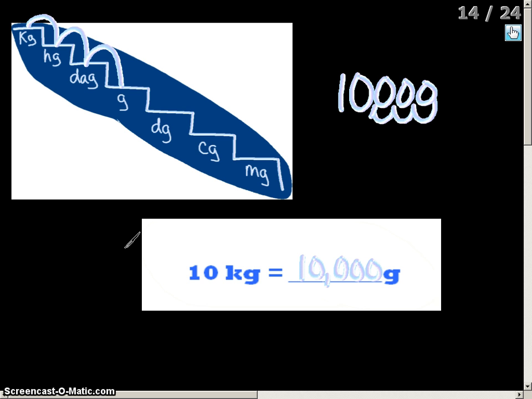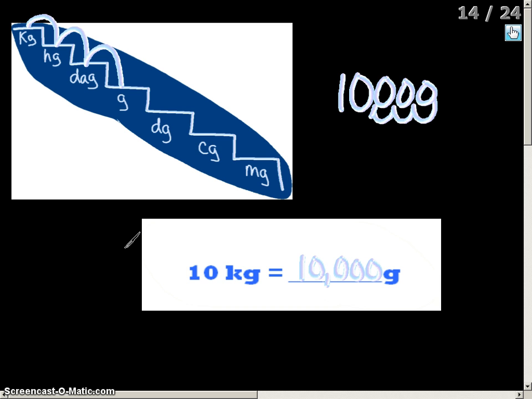I started up at the kilograms step, and I moved 3 places down on my stair steps. Since I moved 3 places down on the stair steps, I moved my decimal 3 places to the right. And since I moved my decimal 3 places to the right, I dropped 3 zeros in the baskets, giving me the answer of 10,000 grams.